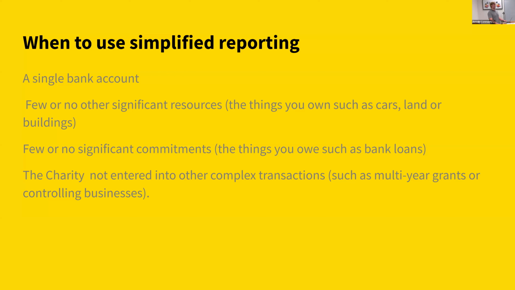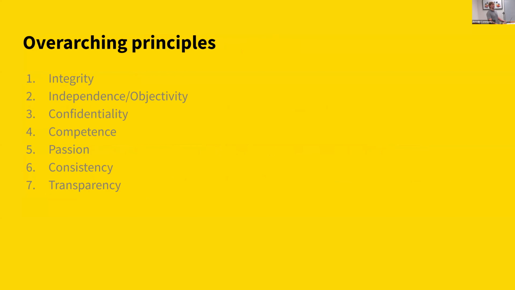I've noted some of the overarching principles I think would be really applicable to your charities and your non-incorporated societies. Firstly, integrity. I would advise that you act in an honest and upfront manner when conducting business. The second principle I've noted is independence and objectivity.